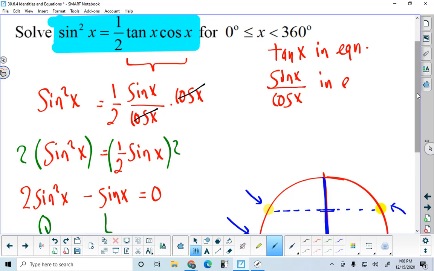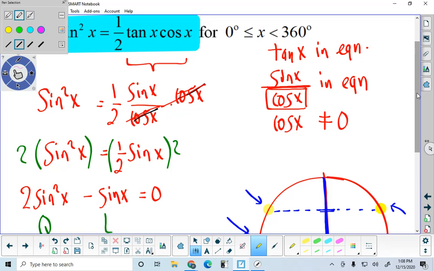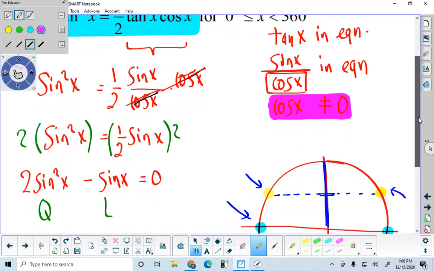That's in the equation. Now don't go too far with this. Don't say, well, yeah, but the cos of x's cancel. It doesn't matter. In the original equation, there's a pesky little denominator here as part of the equation, which means cosine of x is not allowed to be 0. Where on the unit circle is cosine of x equal to 0?